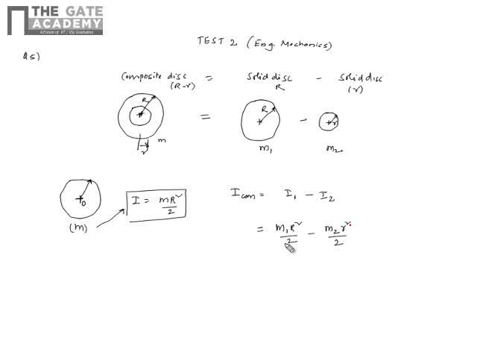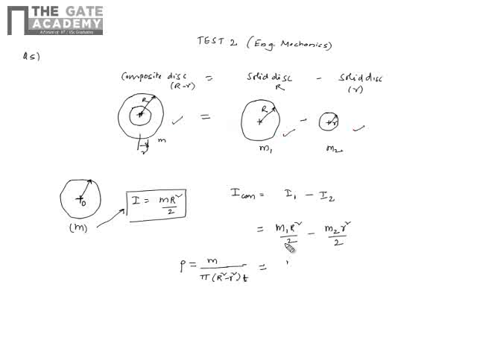Now total mass is m, and if it's a uniform disk, the density has to be constant. So density is mass by area, which for the composite is m divided by pi times R square minus small r square, the area of cross section, into thickness, which is unit thickness. Now the density is the same whether I write it for this or for this.